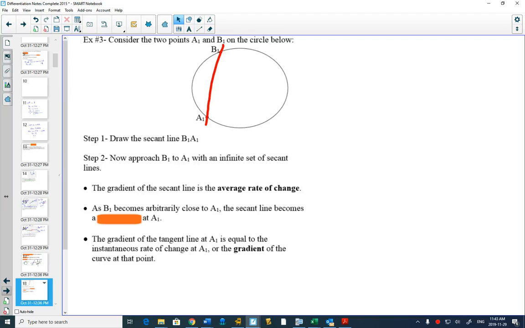But as these 2 points, as B1 becomes closer, if you kept moving B1 along here, along here, along here, until it was really, really close to A1, and then you connected the 2 points, the secant line becomes a tangent line. And the gradient of that tangent line is your instantaneous rate of change.